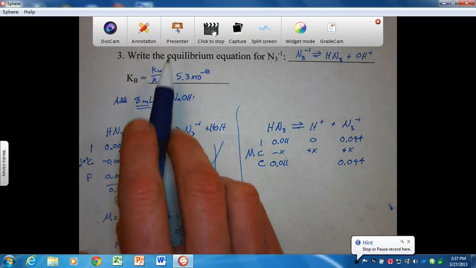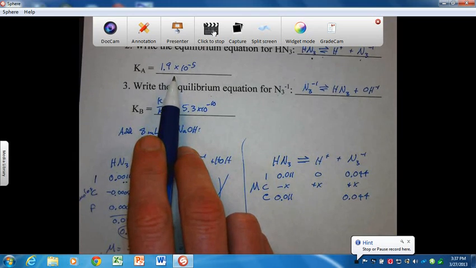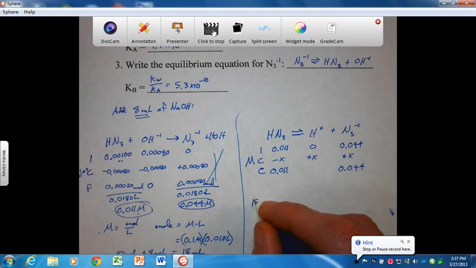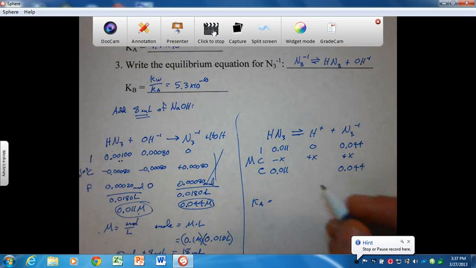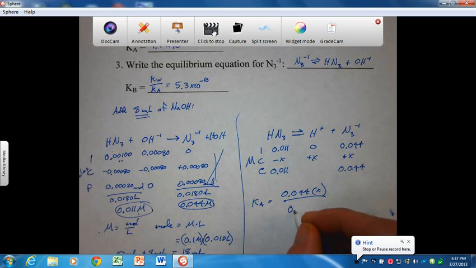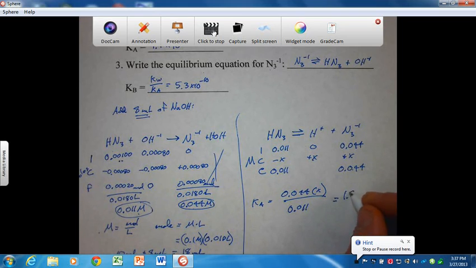The Ka value we need is 1.9 times 10 to the minus 5. That Ka value represents products over reactants. There's my two products multiplied over the reactants. Luckily, the stoichiometry is 1 to 1 and 1 to 1. That makes this all much easier. By the time I solve for this, I recognize that it's equal to 0.9 times 10 to the minus 5.